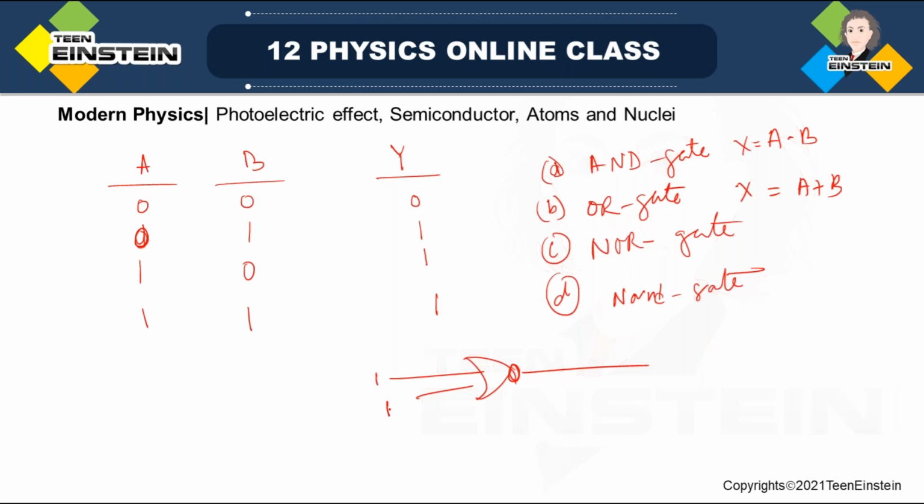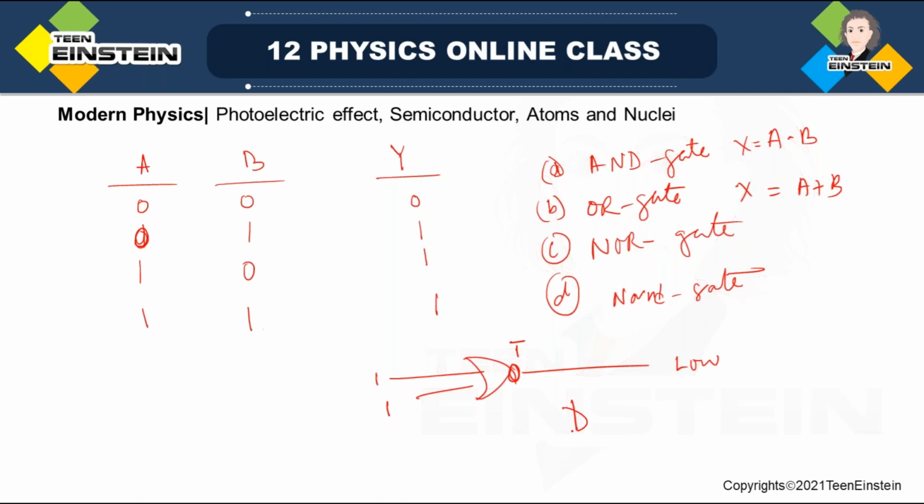Suppose here 1 1, so you get OR means you get 1 here. Then it will give you output bar. That means when you have both high, you will get actually low state here. So both high means low, here you should get 0. So this is not NOR gate.